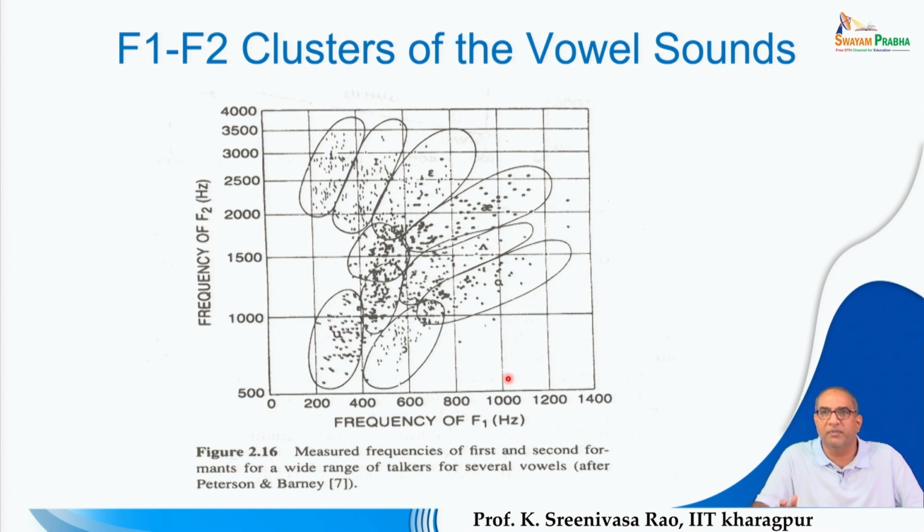By looking at the spectrograms you can see some distinction, but again there will be some overlapping between the F1, F2 values across the vowels of different speakers. That leads to confusion and ambiguity, and that is the challenge in determining the vowels more robustly by a machine.